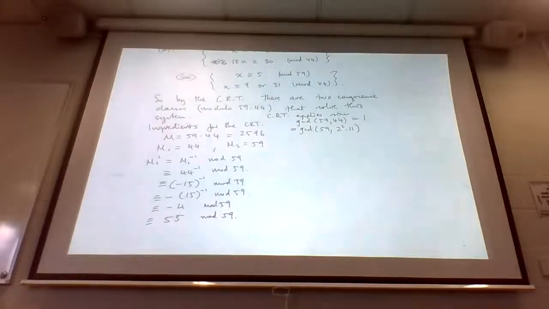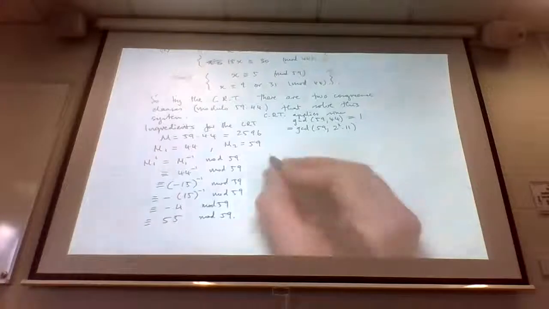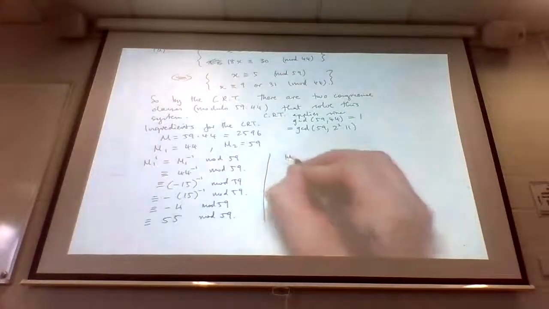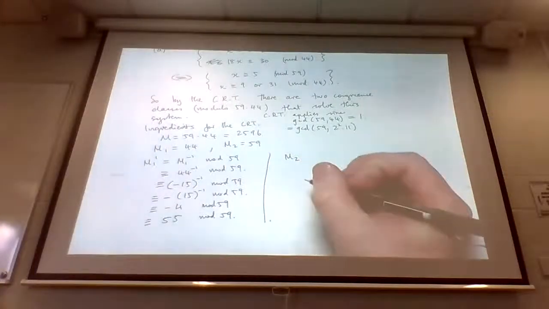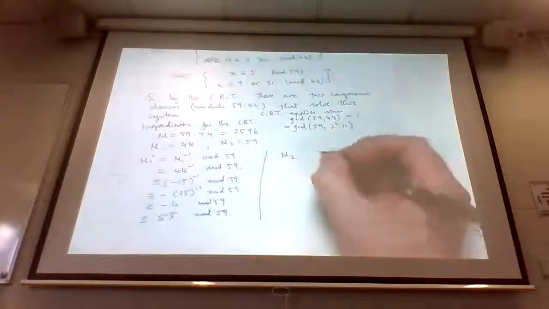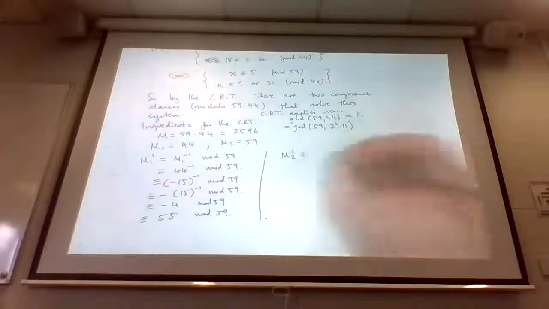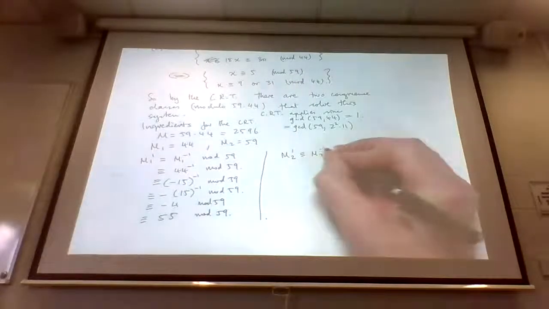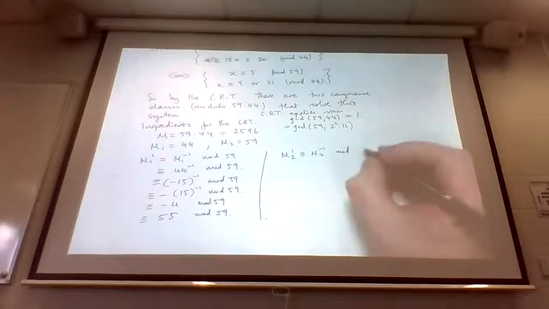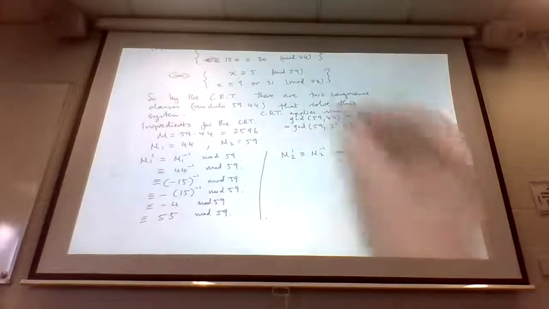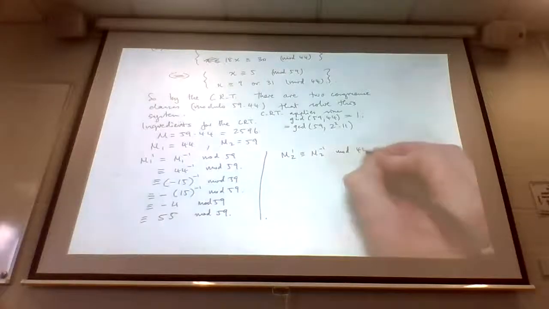Okay, so that's good. M2 prime is going to be the multiplicative inverse of M2 modulo little m2, modulo 44.